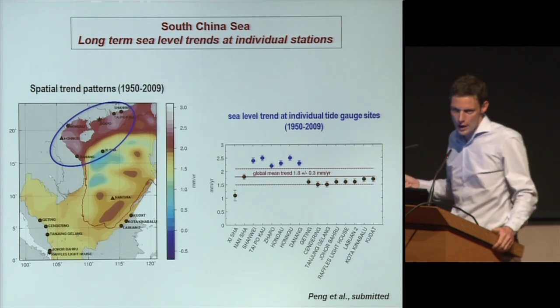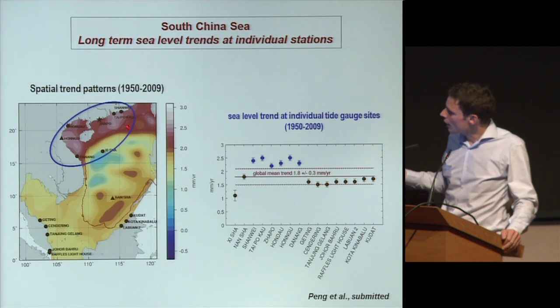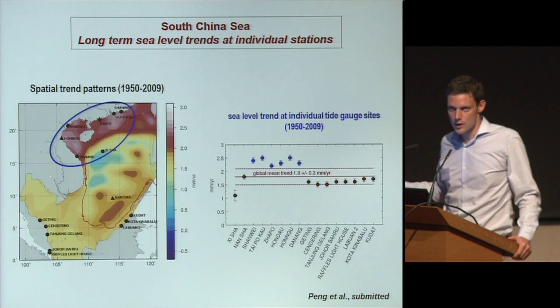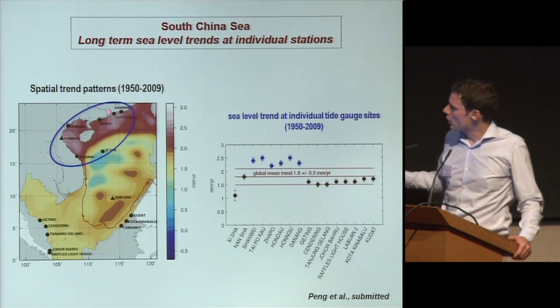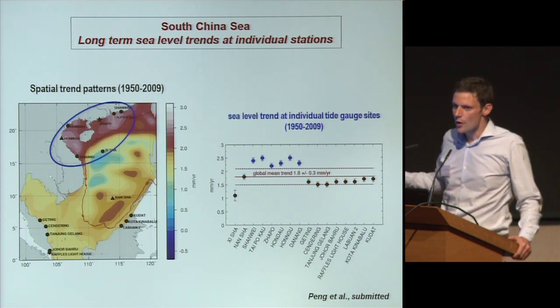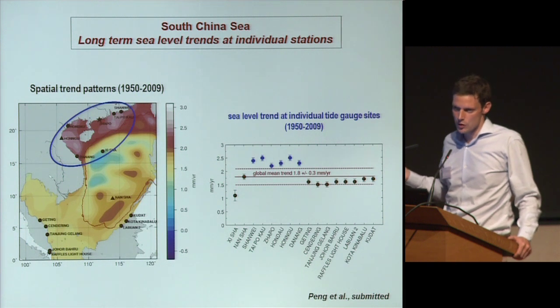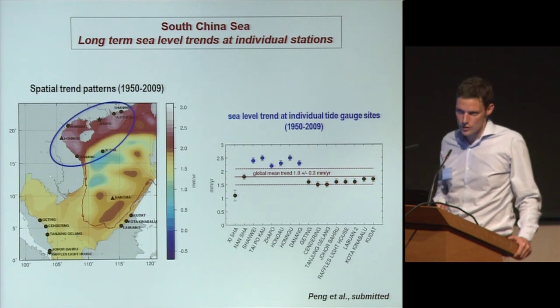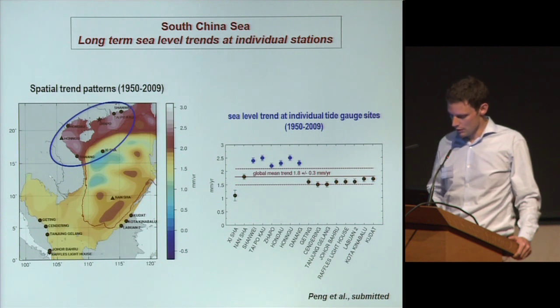And this is due to an enhanced warming of the China Sea over the shelf here, along the southern China coast. This is interesting because we know that some places here are experiencing subsidence, at least Hong Kong here. So if we had GPS measurements here, we would surely find that the total relative sea level rise is much higher than the global sea level rise over the last 6 decades. And it would be interesting to see what impacts this brought on the coast.